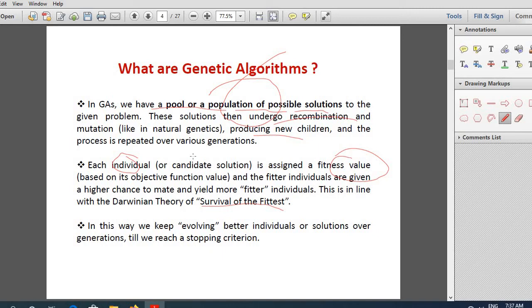You arrive at newer and newer generations, and at the end of say 50 or 100 generations, you will arrive at the best solution. This can be done in limited time because you're not checking all the possible solutions. You're just picking some group of solutions and doing some processes on it, some mutation on it, to arrive at the best result. This is what is done with genetic algorithms.